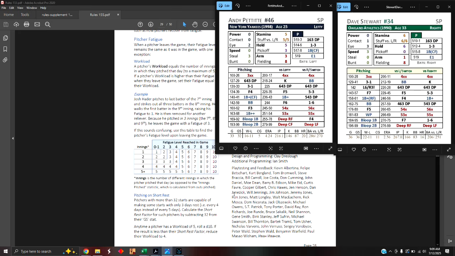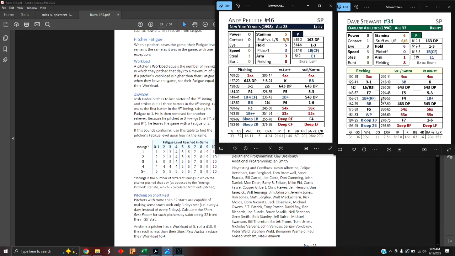So their workload gets shortened. And remember, it's going to go down by 1 the night they pitch, so this 4 becomes a 3 the night they pitch. So they only have 3 days off until they can pitch again. In Stewart's case, 36 minus 32 is a 4. If you roll a 0, 1, 2, or 3, remember zeros are 0, not 10, then he'll be able to pitch on 3 days rest.